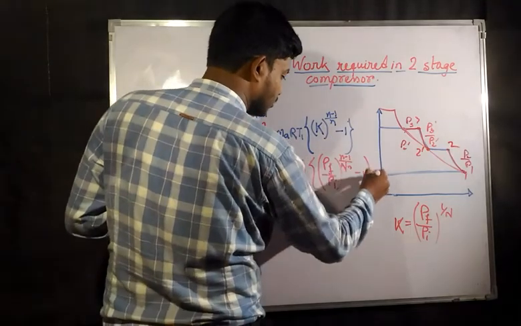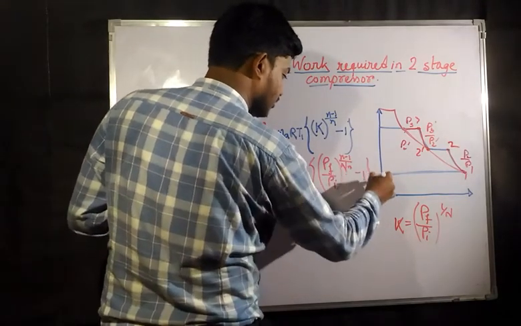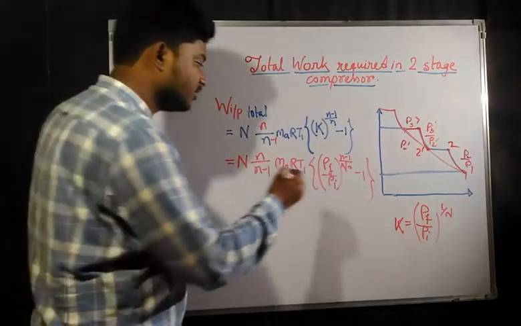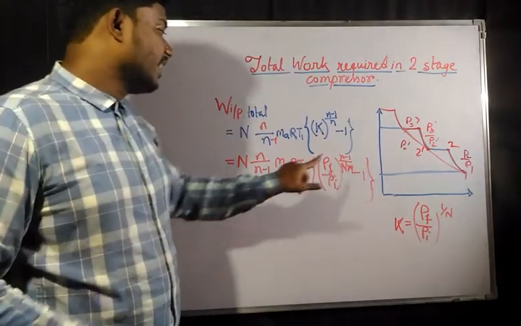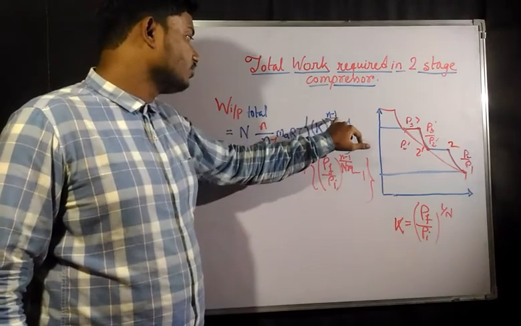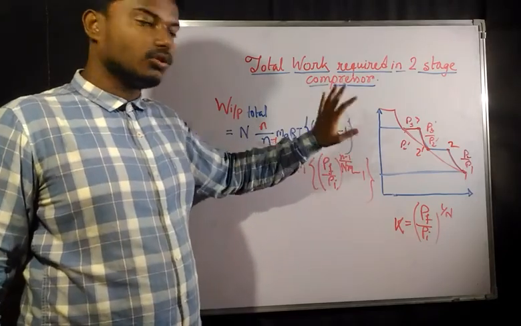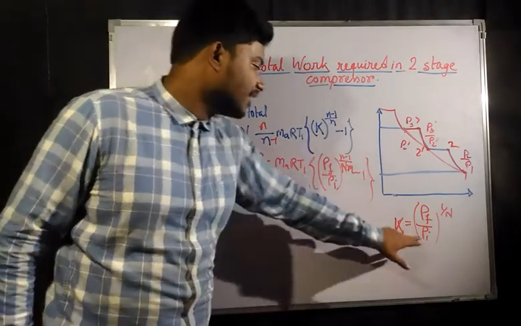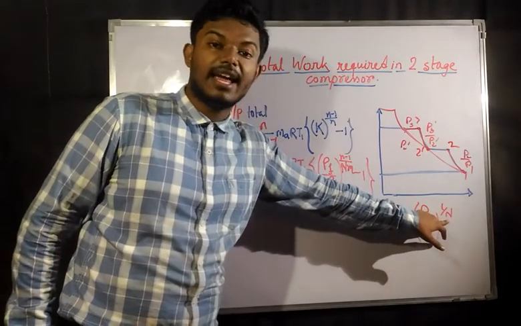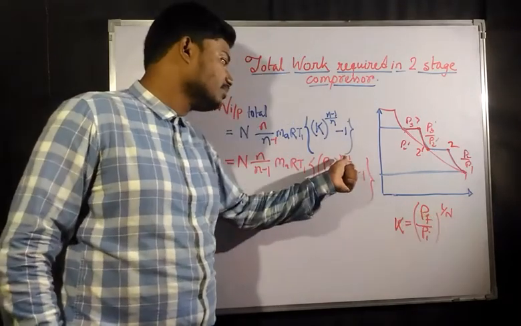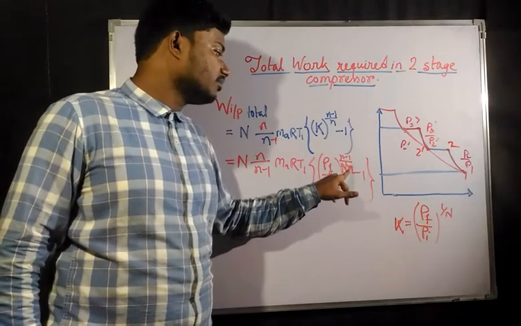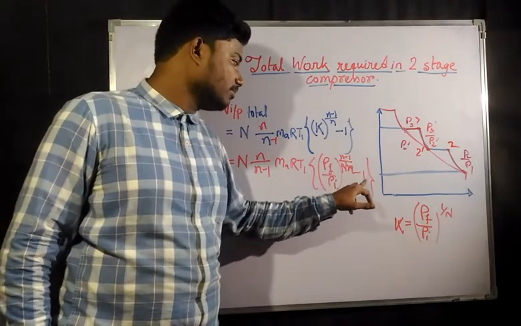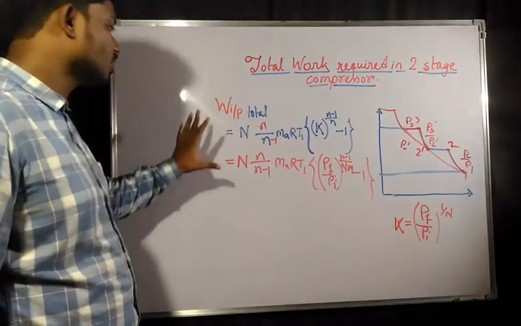This would be capital N into small n by n minus 1, because n by n minus 1 was already there. Now if you replace K, there would be 1 by capital N extra in the powers. So Pf by Pi to the power n minus 1 by capital N into small n would give you the formula of total work input.